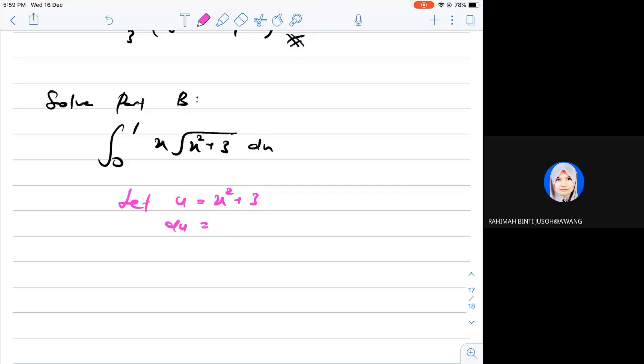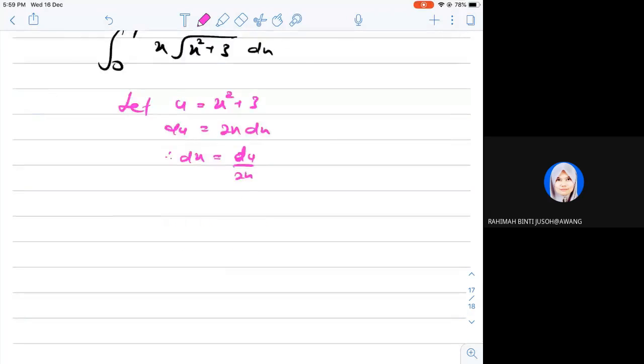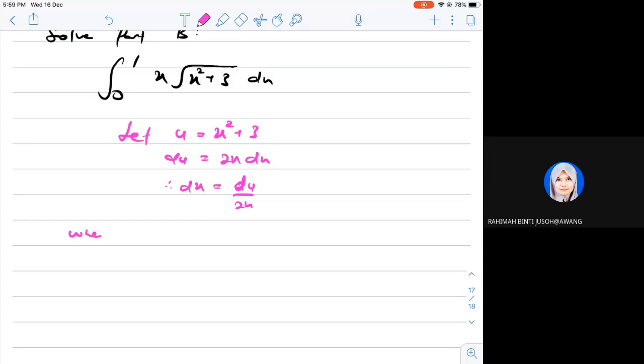So differentiate u, we get 2x dx. Therefore dx equals du over 2x. And then you have to change the limits. When x equals 1, we have u equals 1 squared plus 3, so we will get 4.